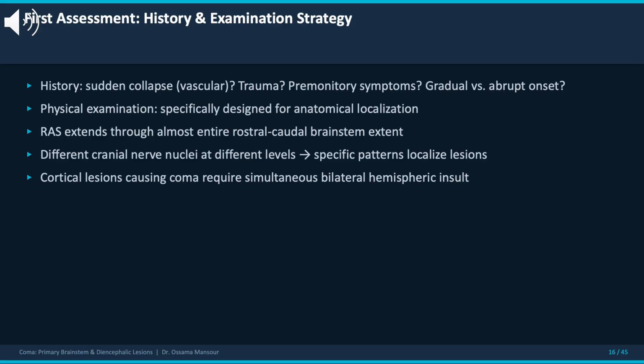Given that the reticular activating system extends through almost the entire rostral caudal extent of the brainstem, subtle findings on examination can provide hints towards lesions affecting different brainstem regions. The beauty of the brainstem examination is that different cranial nerve nuclei are located at different vertical levels, so specific patterns of cranial nerve dysfunction can localize lesions with remarkable precision.